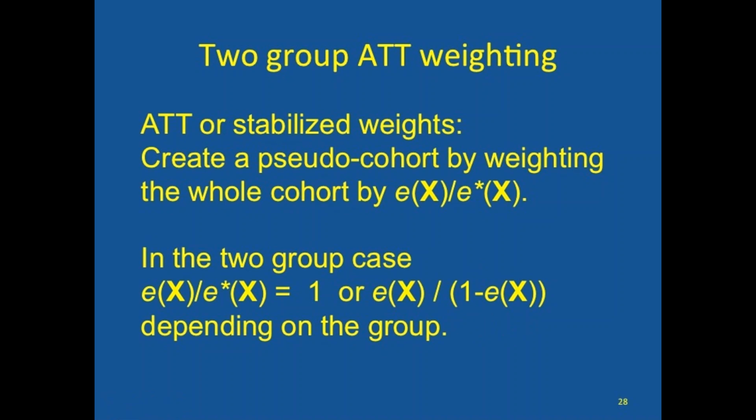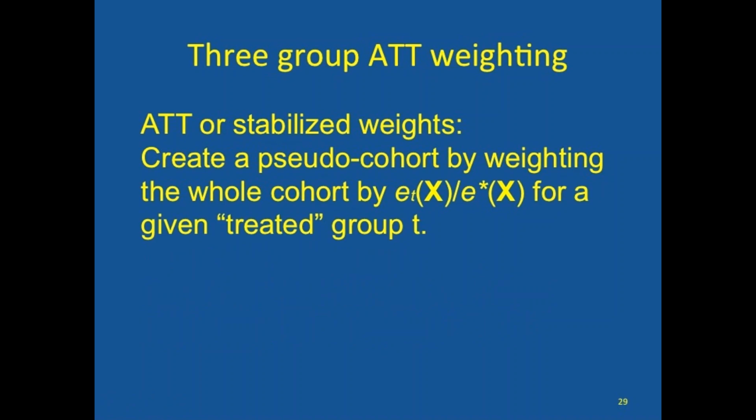Now let's think about extending this to 3 groups. The ATT or stabilized weights create a pseudo cohort by weighting the whole cohort by E sub t divided by E star of x for a given treated cohort t. It's essentially the same thing.